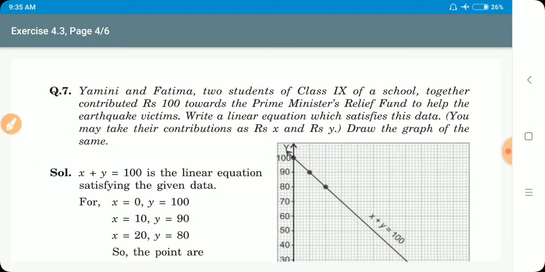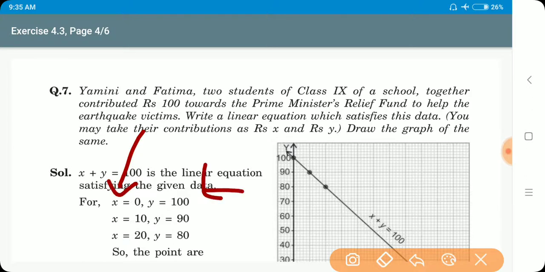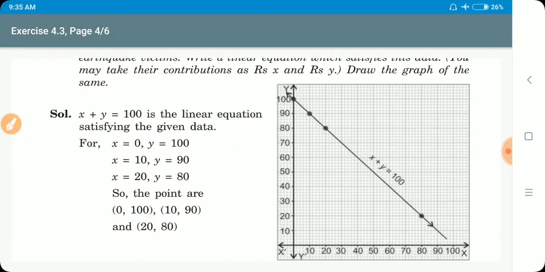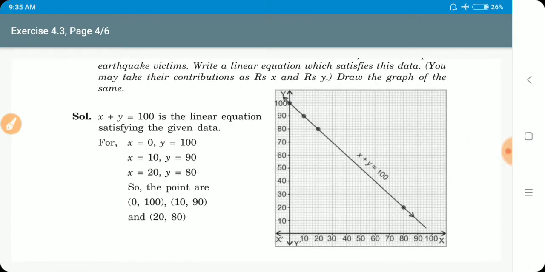If Yamini contributes 0, Fatima has to contribute the total 100. If Yamini contributes 10, Fatima has to contribute 90. If Yamini contributes 20, Fatima has to contribute 80. So these points satisfy the equation.